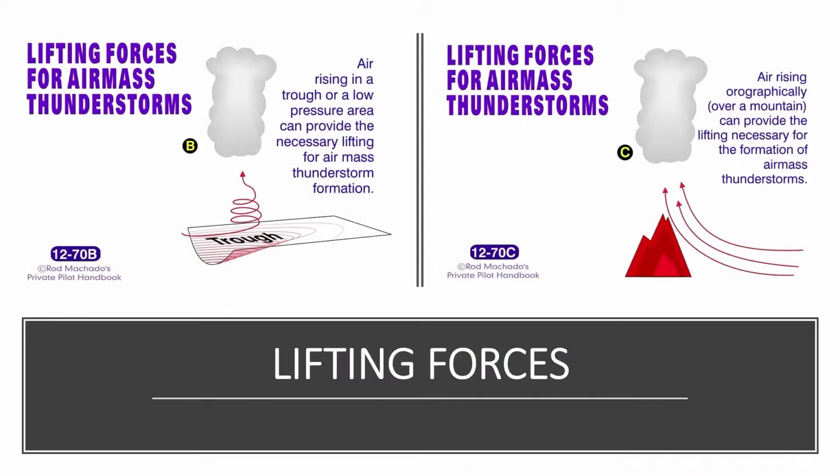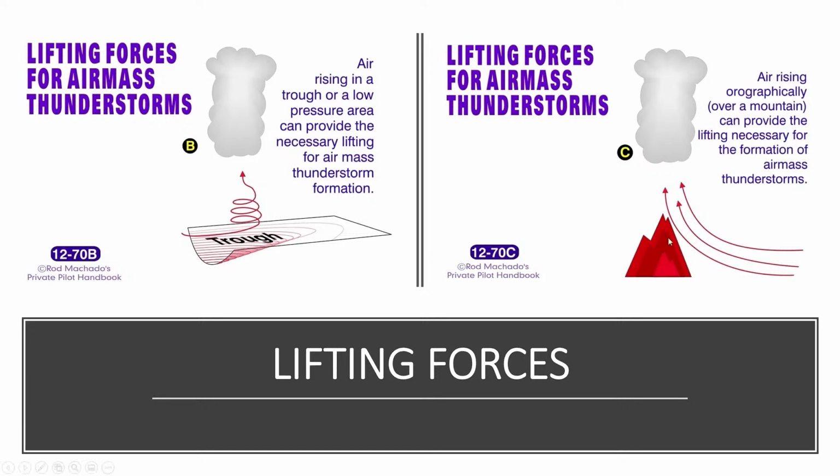Those lifting forces, here are a couple of examples. If you have a trough, which is an elongated area of low pressure, remember, troughs want to move upward. In those circumstances, that is the uplifting force the system needs in order to grow vertically. Another one, and the reason we see a lot of thunderstorms along mountain ridges and in mountainous terrain, is orographic lifting, meaning over a mountain or due to a mountain.